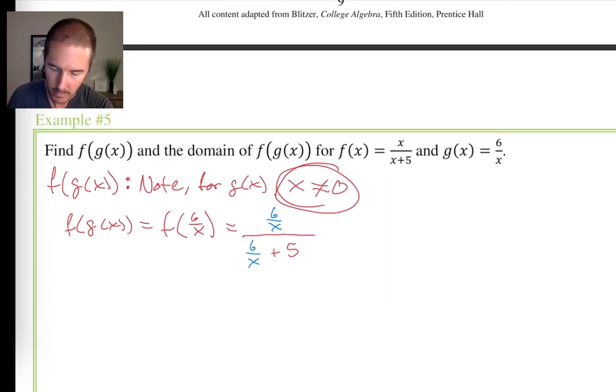Have a look right here. See this x right here and this x right here? Those x's are being replaced by 6 over x. This 6 over x, which is this one, which is this one. So again, these x's in our f of x function are being replaced by 6 over x.